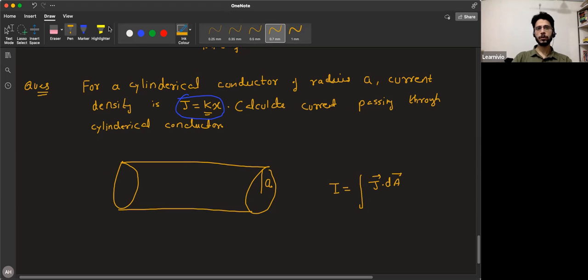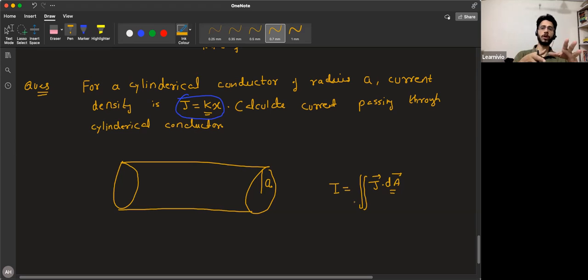Okay, Kanchan. So we will first consider a small area element. Area is one-dimensional or two-dimensional? Area is a two-dimensional thing. Two-dimensional. So if I integrate area, then this integral will be a double integral.